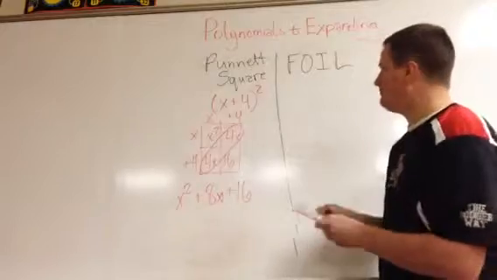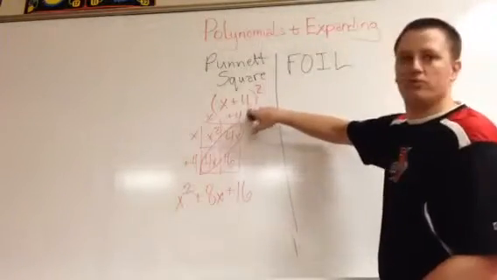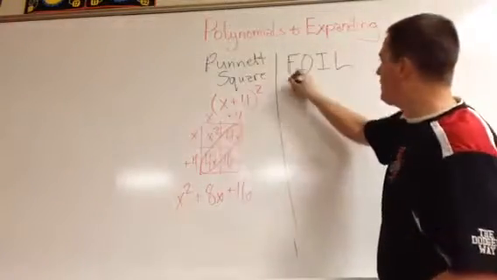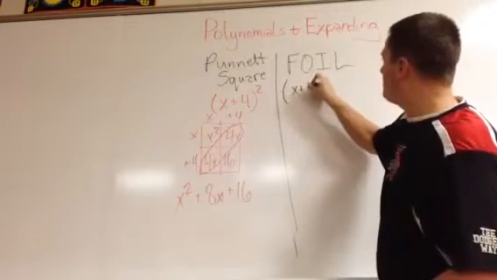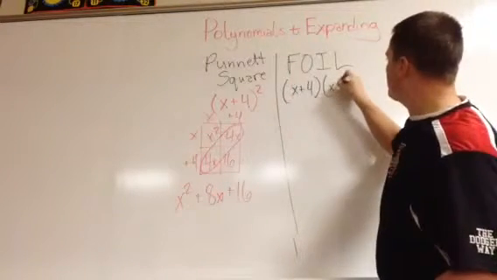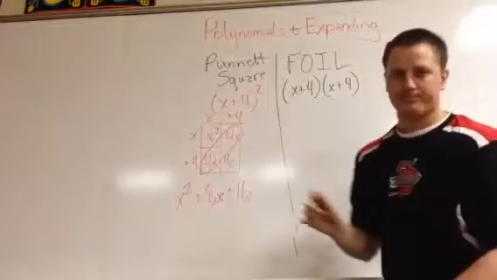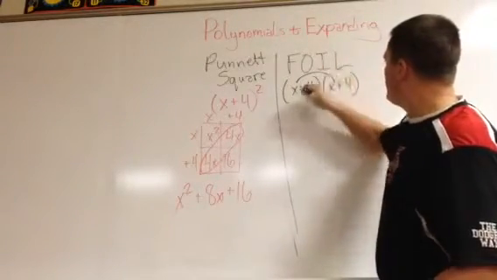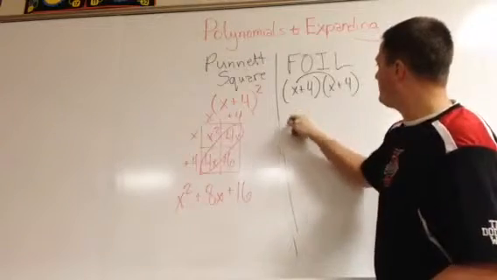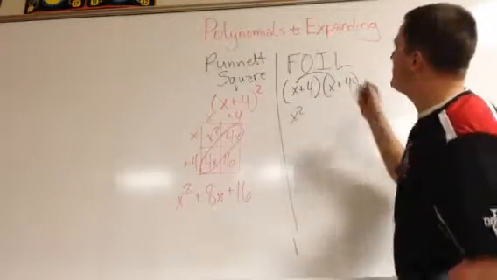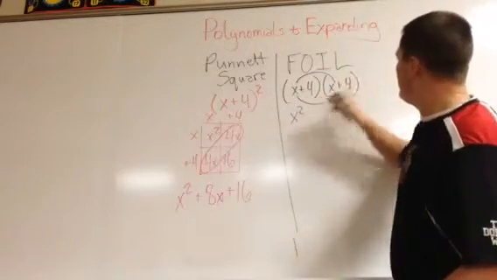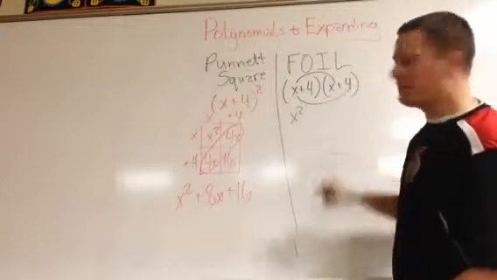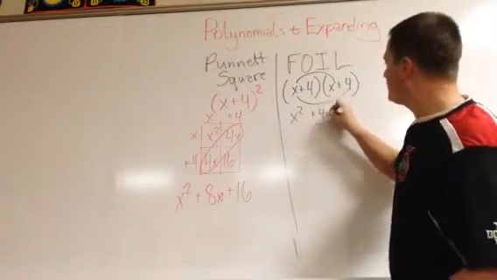The FOIL method, we cannot use x plus 4 squared. We have to write it as x plus 4 times x plus 4. We start with the first terms. X times x gives us x squared. The outside terms, x times 4 gives us 4x.